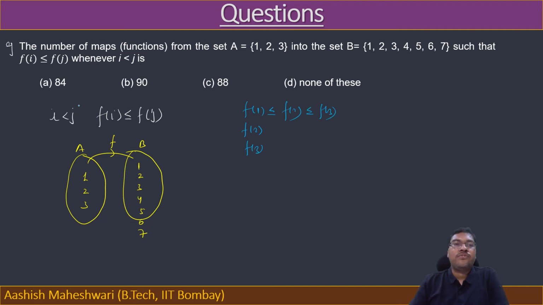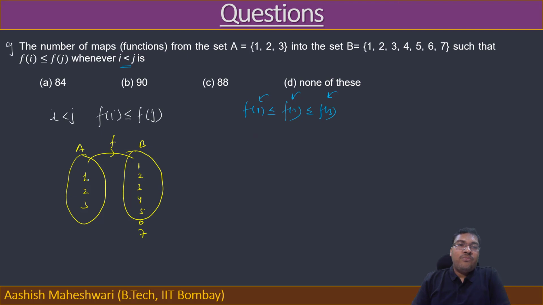This is the condition, because whenever i is less than j, the value at x equal to 1 should be less than or equal to the value at x equal to 2, which is less than or equal to the value at x equal to 3. Correct?